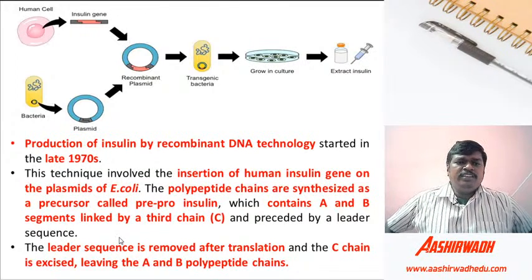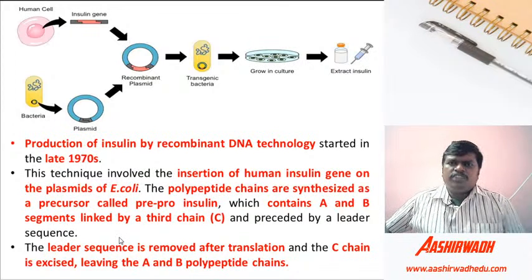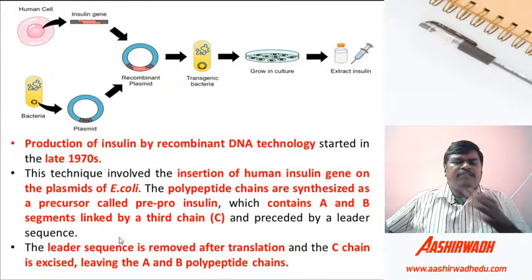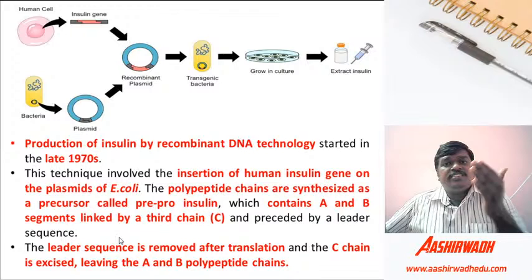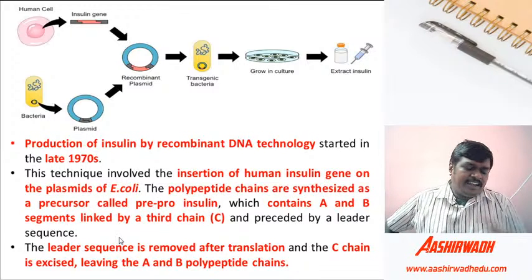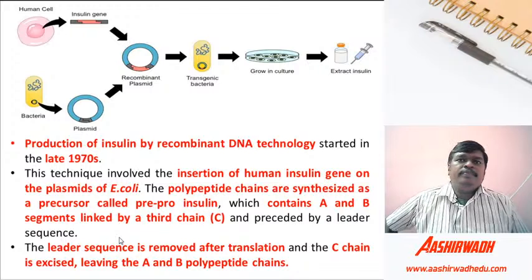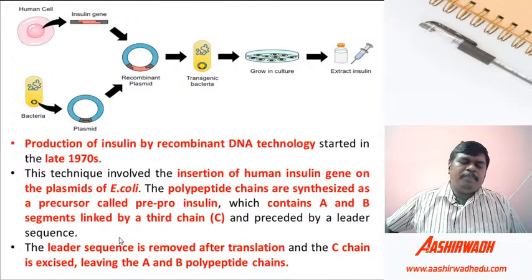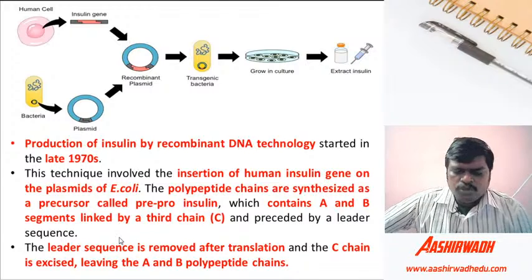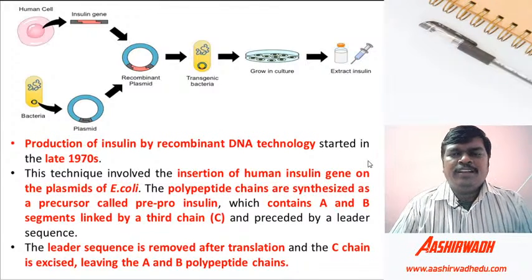In the later processing, after the translation process, the C chain is excised or removed, and only the A chain and B chain polypeptides are used in the extraction process, and they are used as human insulin.